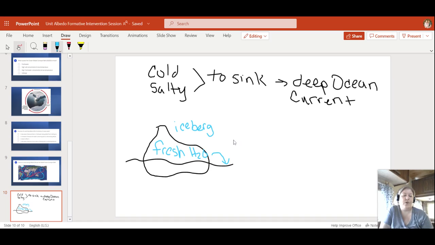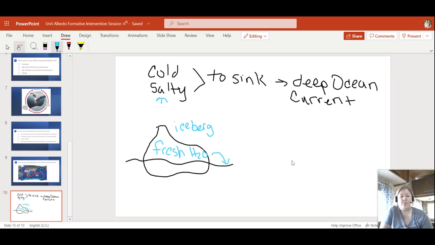What that does is it disrupts the amount of salt in the water. When the ice is formed, it's pulling the fresh water out, which is causing the remaining water to be salty. When we add fresh water, it decreases the saltiness of the water.